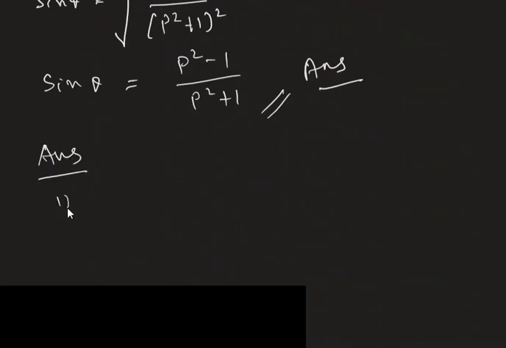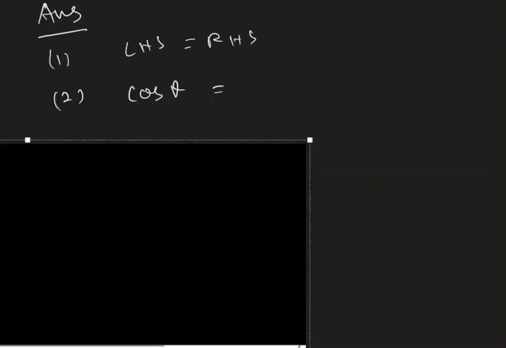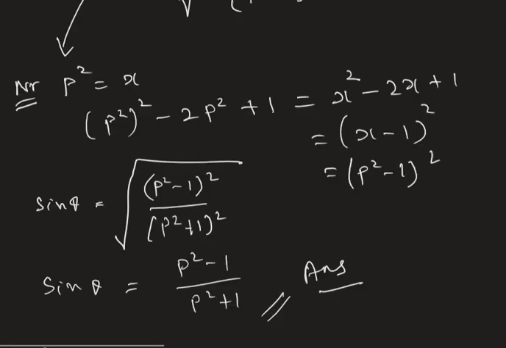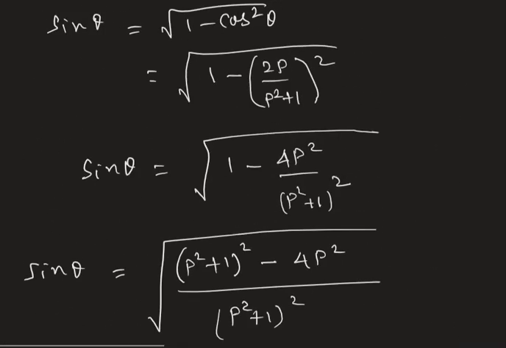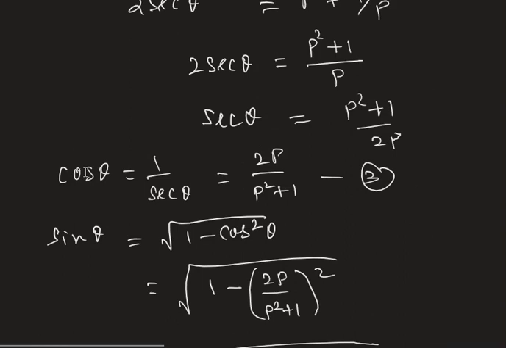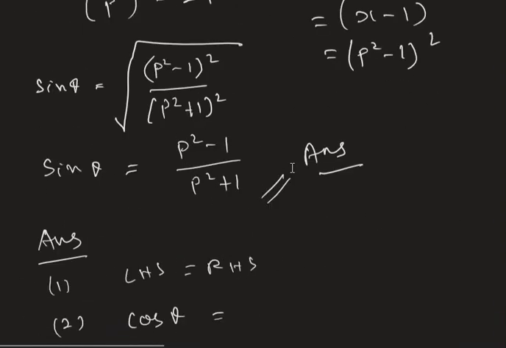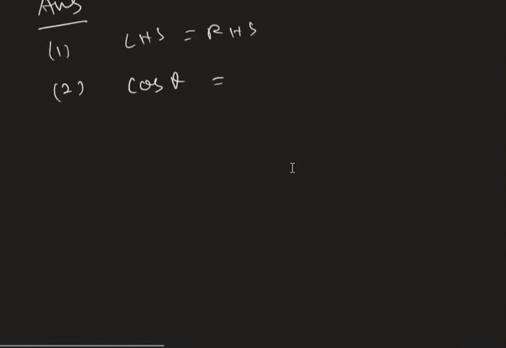So the first question is LHS is equal to RHS, that is the proof. Then second is cos theta is equal to 2p by p squared plus 1.